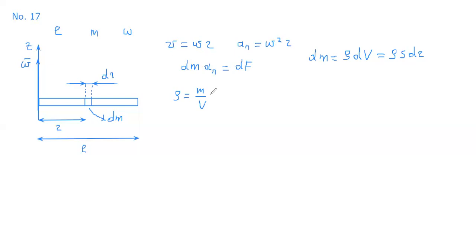Teacher, this symbol is G? No, it is not G, it is the Greek letter rho. It means density.